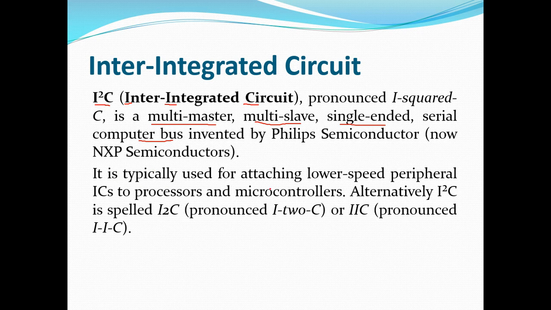It is typically used for attaching lower speed peripheral ICs to processors and microcontrollers. Some users call it I2C, and some pronounce it as IIC. But whatever it is, for this serial communication, we name it I squared C.